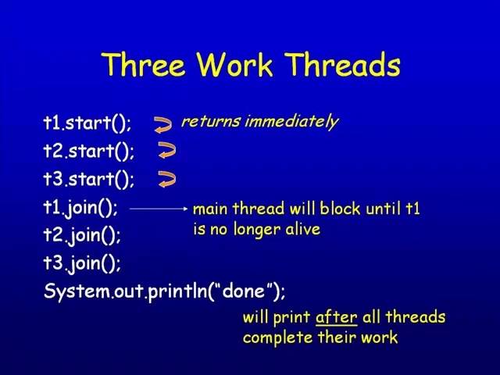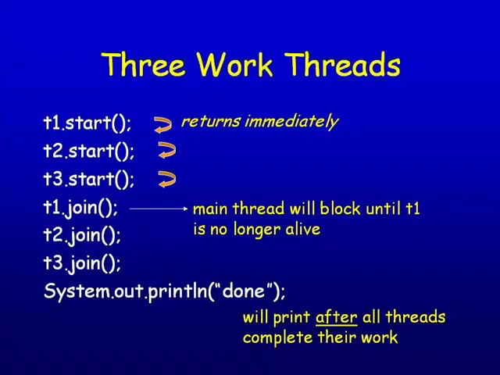Now, the next thing it does upon waking up is it looks and says T2.join. So if T2 has already completed and thread T2 is dead, then the main thread can continue. But if T2 is still active, the main thread will block until T2 finishes.